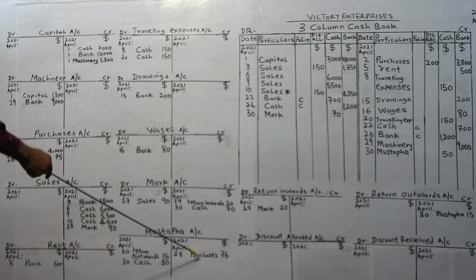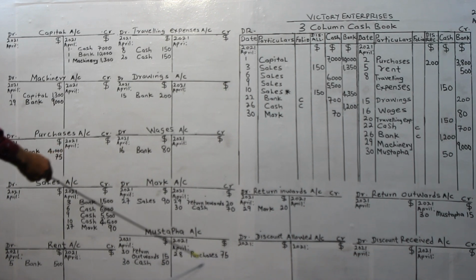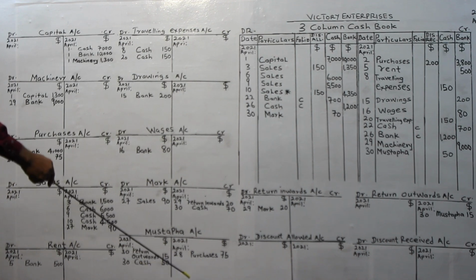While the goods that Mustafa supplied is $75. 75 minus 65 gives 10. That 10 will represent a balance carried down, which will eventually come to the credit side to also become a balance brought down. Of course, an indication that we are still owing Mustafa $10.